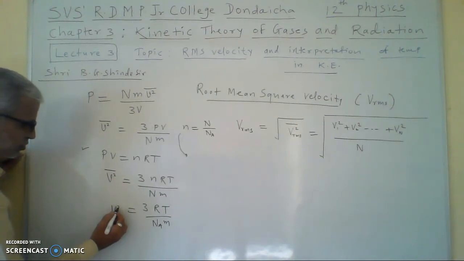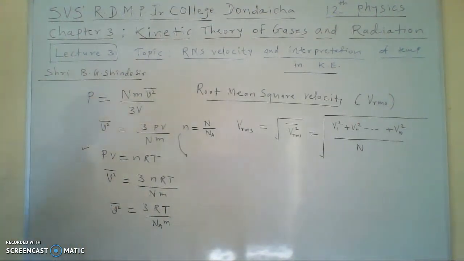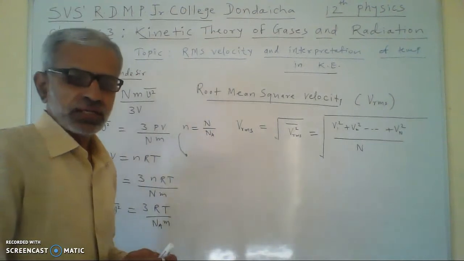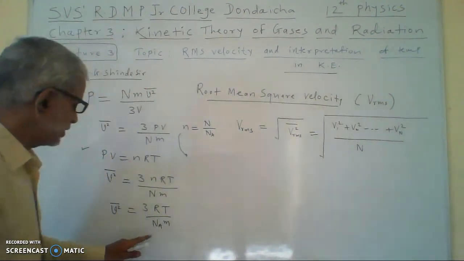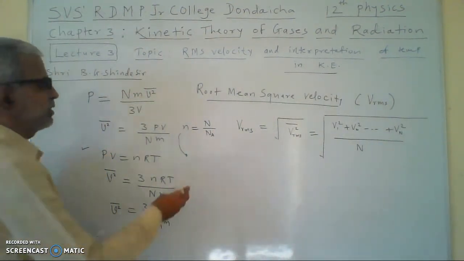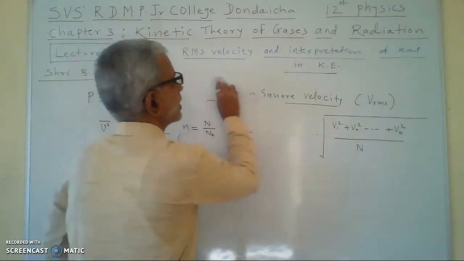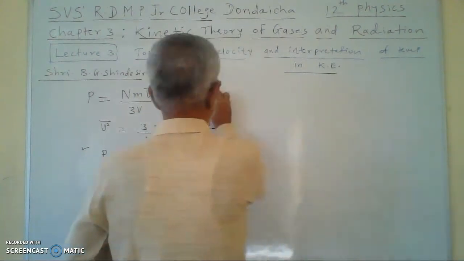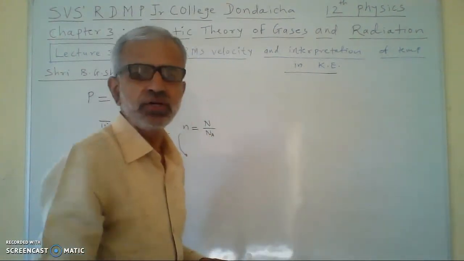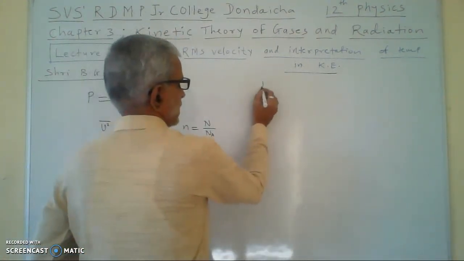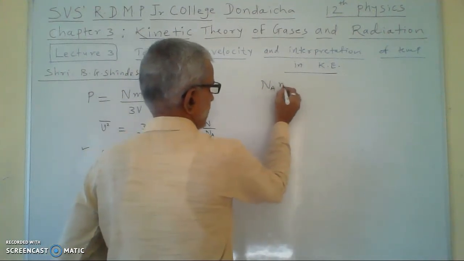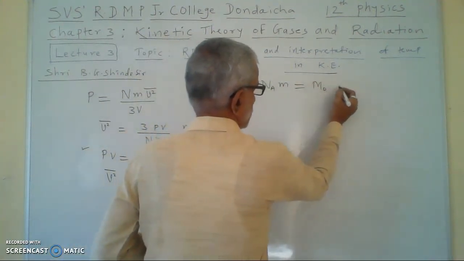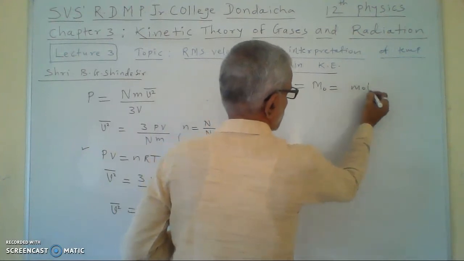Now here Na into m is equal to the molar mass. What is this Na into m? It is M0, called the molar mass.